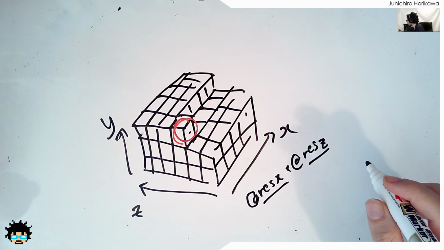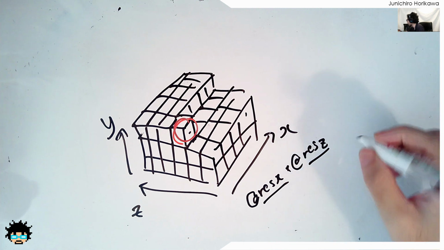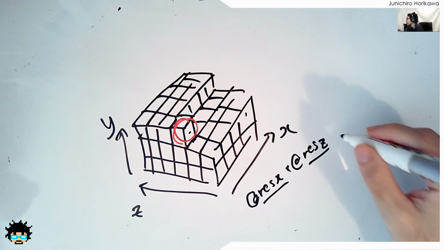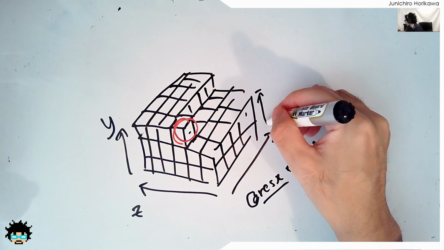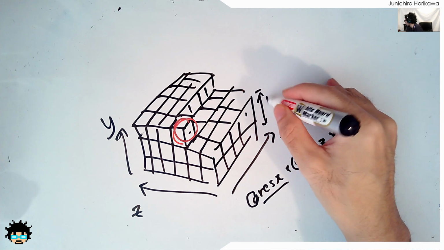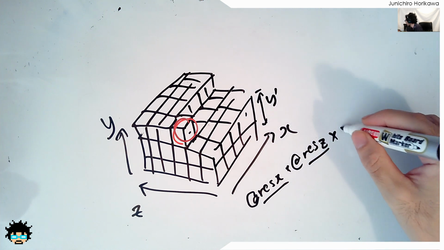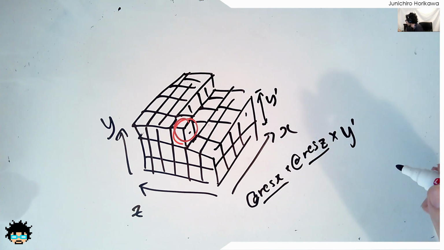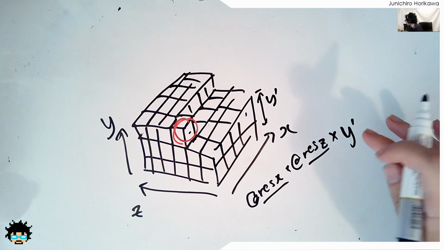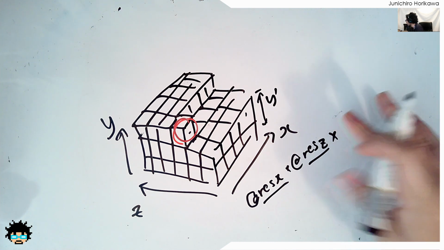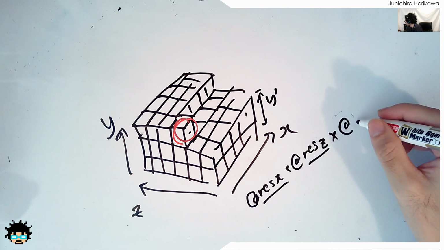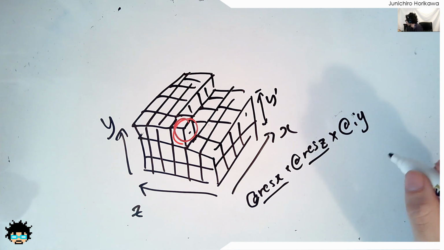Then we can multiply this by the number of voxels on the height. Let's call this y prime. So y prime, in this case, is equal to @iy.